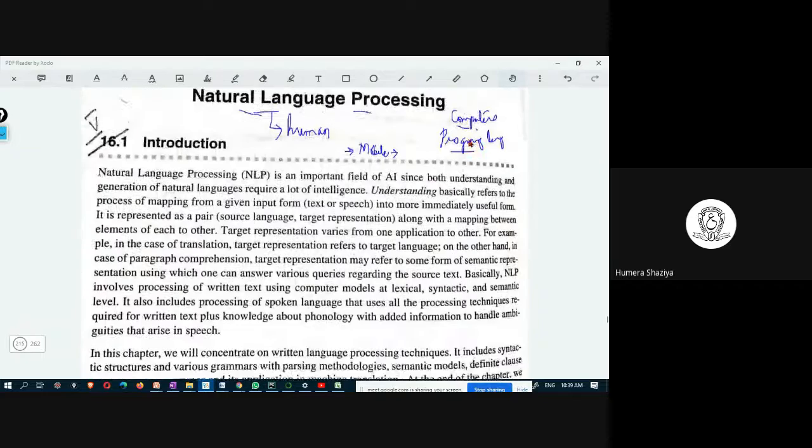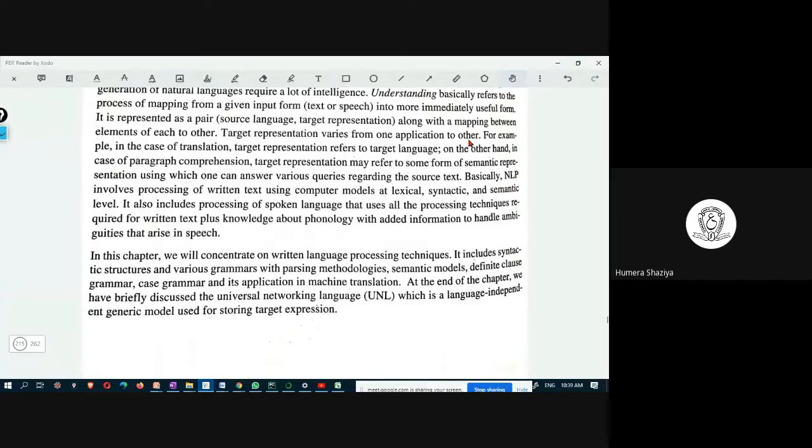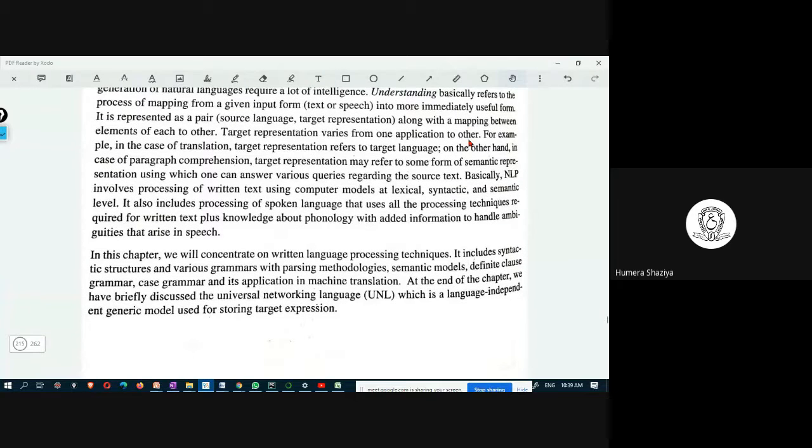This language understanding is not an easy task. It has to go through several phases in order to be clear with the message that has been communicated by the human.